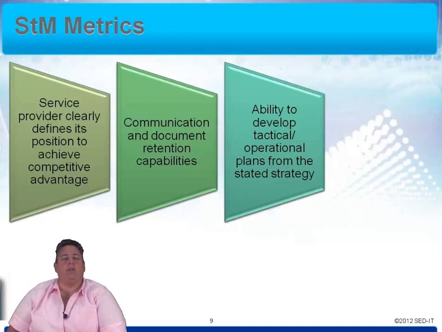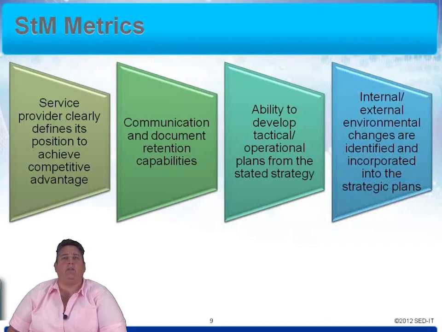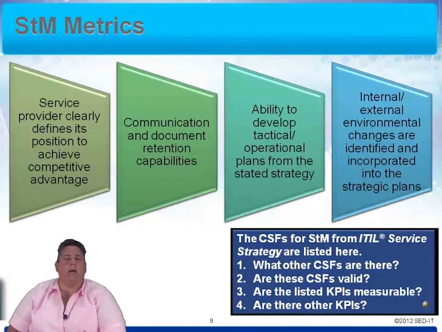The KPI for this CSF would be whether or not the organizational units have developed their strategic, tactical, and operational plans to meet the overall service strategy. Lastly, a CSF could be whether or not the internal and external environmental changes are identified and incorporated into strategic plans. These are the CSFs directly from strategy management within ITIL service strategy.